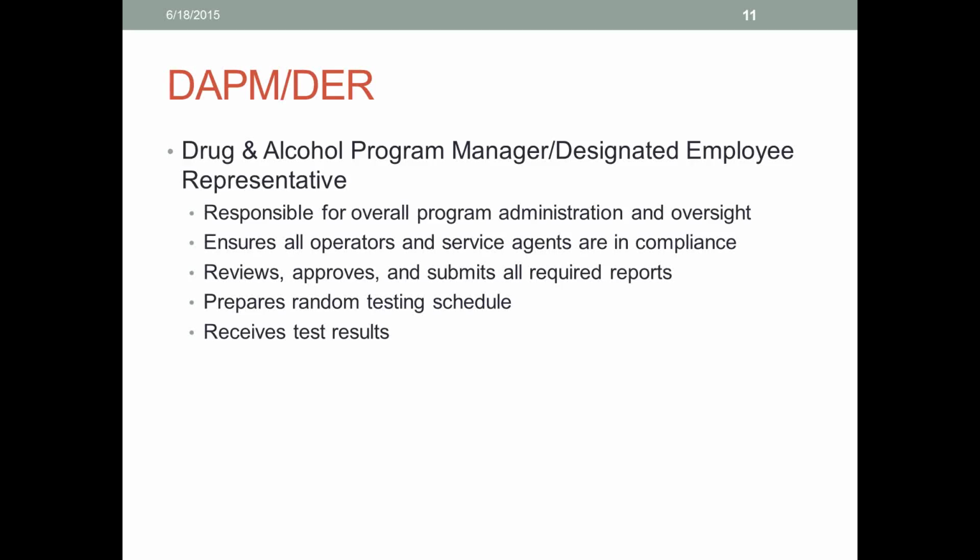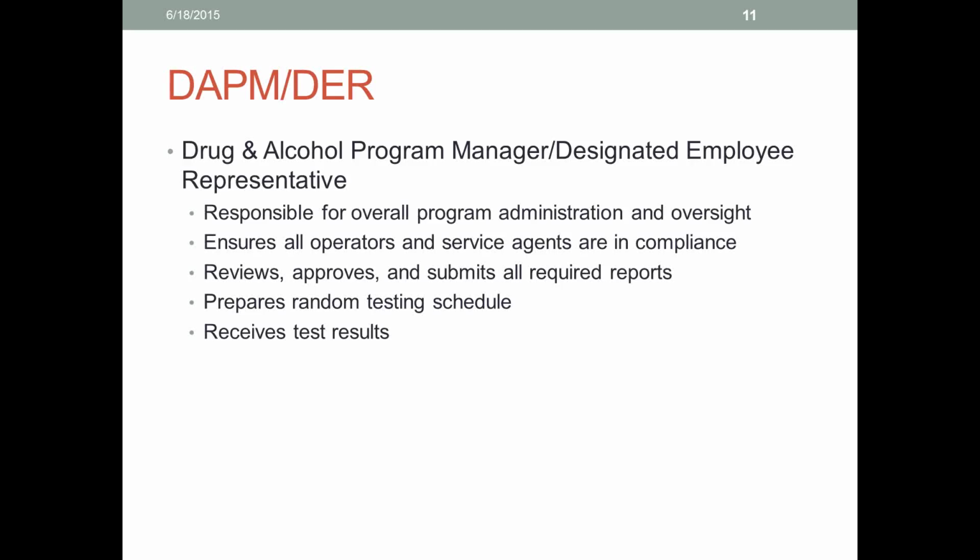The designated employee representative serves a similar function, but in a slightly different capacity. In a lot of organizations, the Drug and Alcohol Program Manager is usually just that, a manager, a supervisor, somebody in a position of administrative or executive leadership. The designated employee representative, however, is usually the person who receives information. Again, these sometimes are one and the same person.